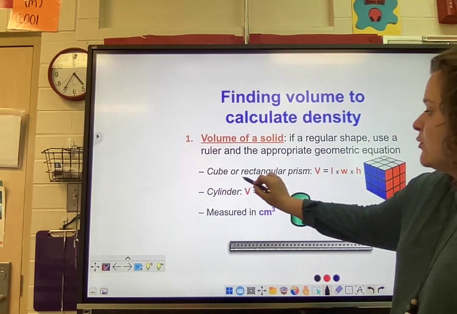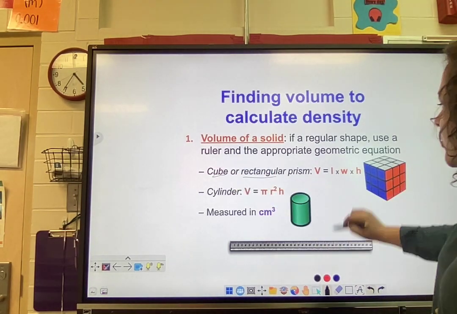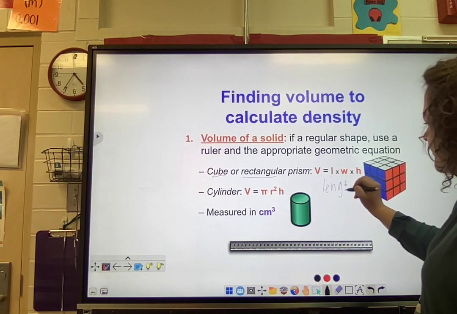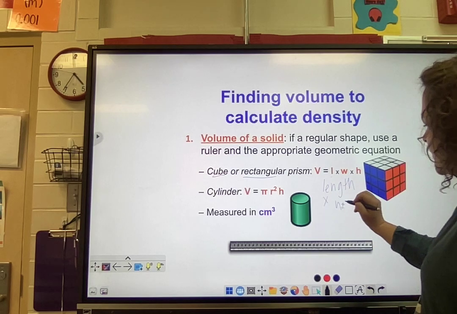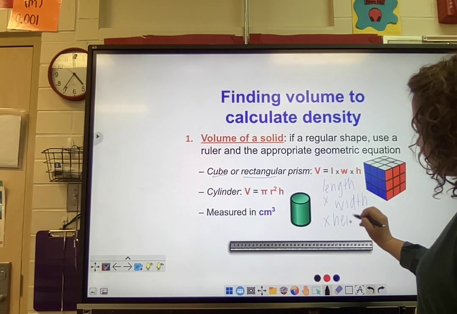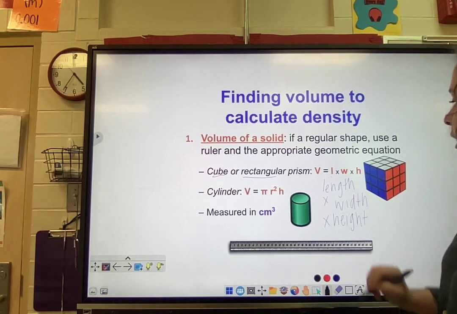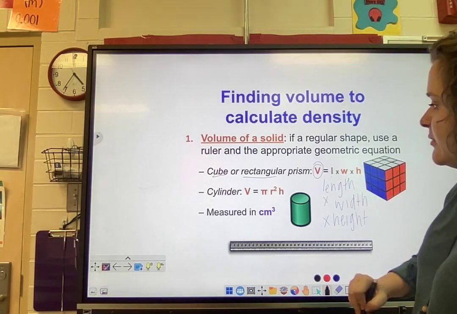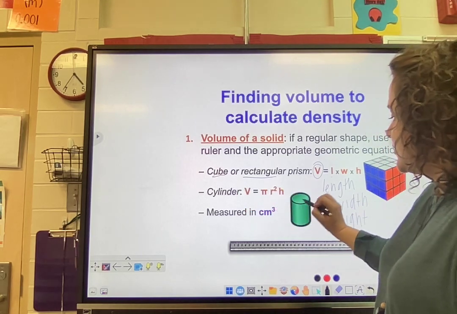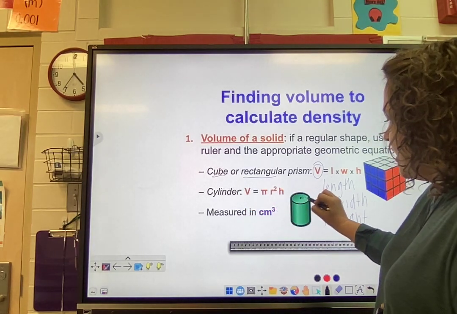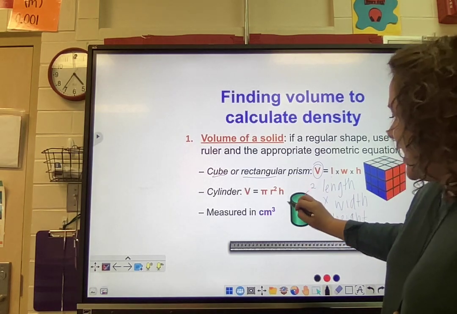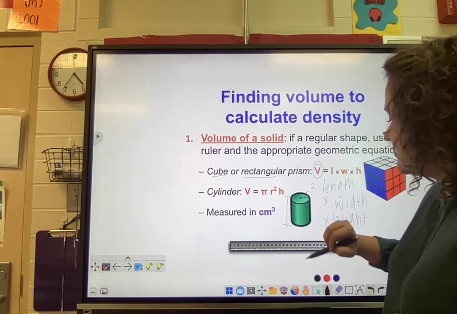If it's a rectangle or a cube, we can use length times width times height, and we can solve for volume. If it's a cylinder, it's pi times r, which is the radius, squared, times the height of the cylinder.